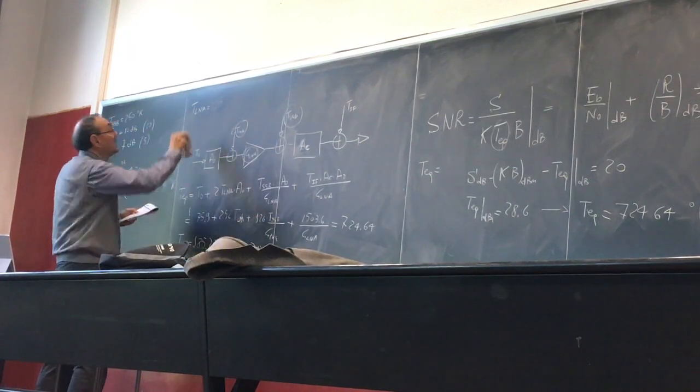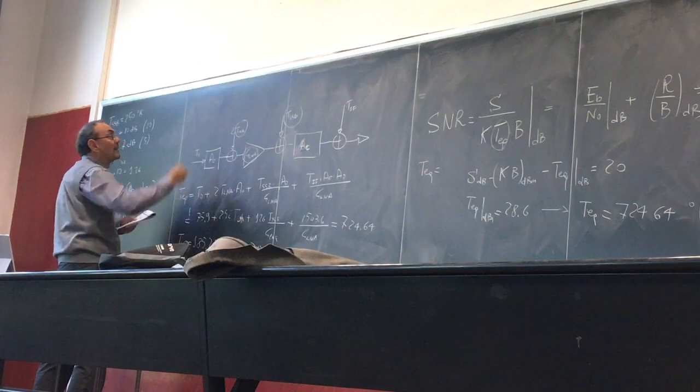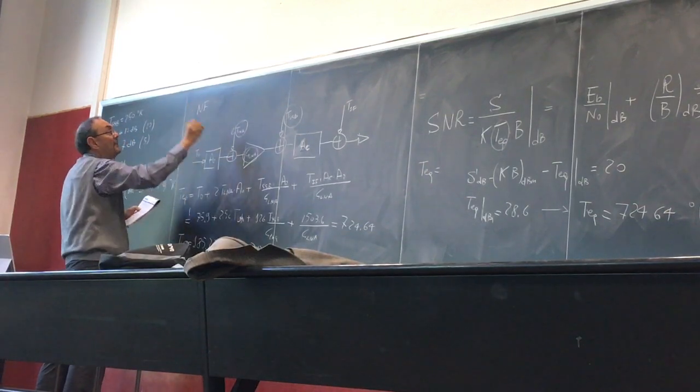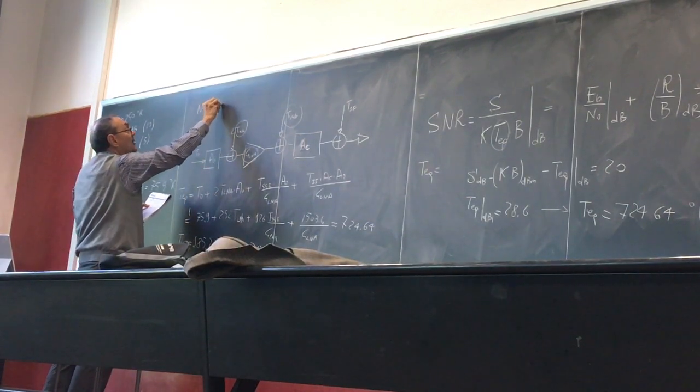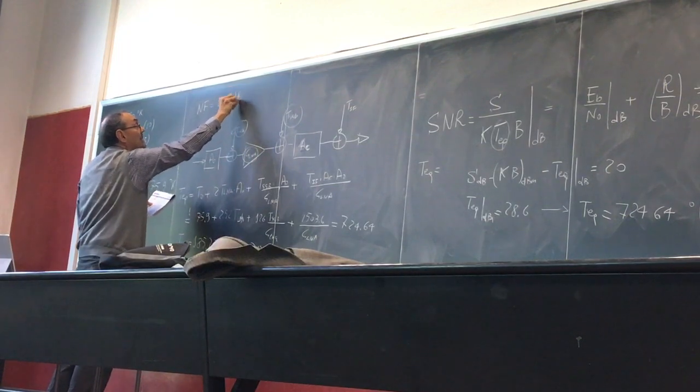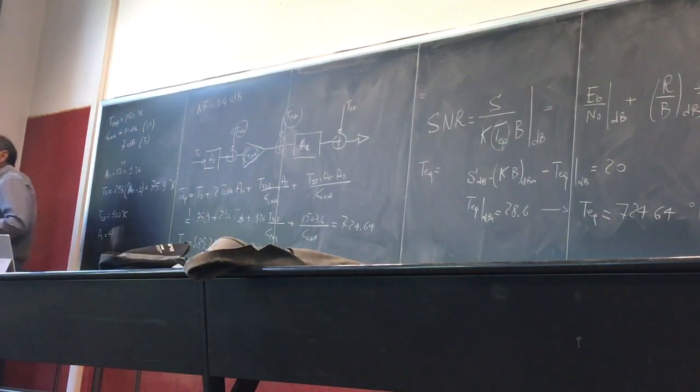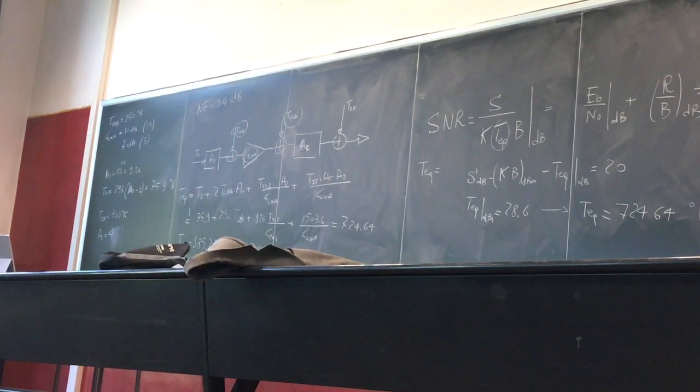Sorry, I don't know what TLNA is. I get immediately an F of the amplifier, which is 1.4 dB. At this point, the noise figure is 40% larger than the minimum requirement. This could be a good choice then.